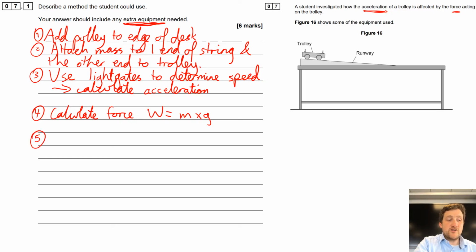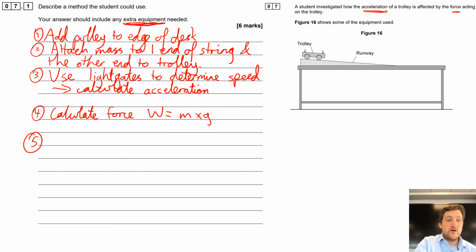And then what are we going to do? Well, always use an equation. In fact, we've used our equation already. They haven't asked us to calculate the mass of anything, so we don't have to use F equals ma, which is what I was thinking of using, because we can calculate the force. So we've just got the force and the acceleration, which is what they need.